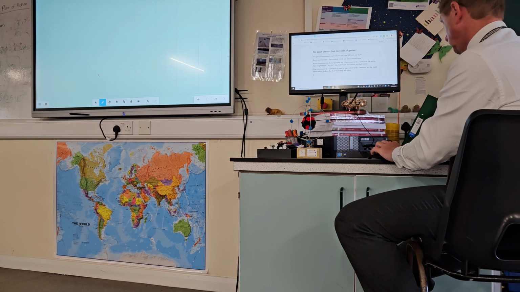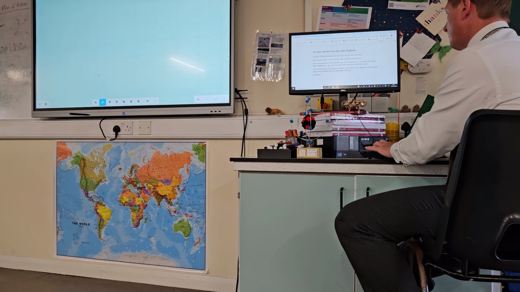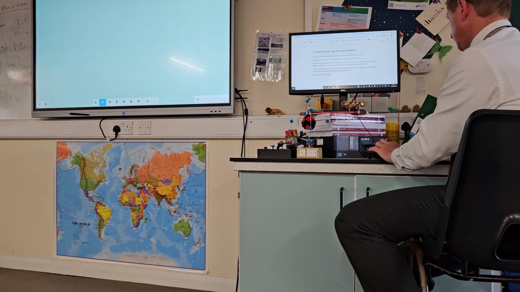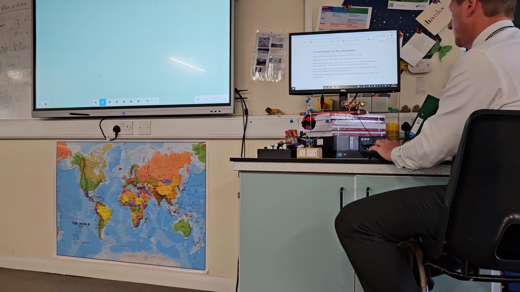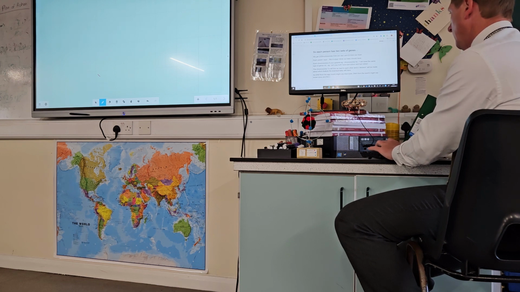So, DNA from the egg, mum, might say blue eyes. DNA from the sperm might say brown eyes. And there will be a result in the offspring.